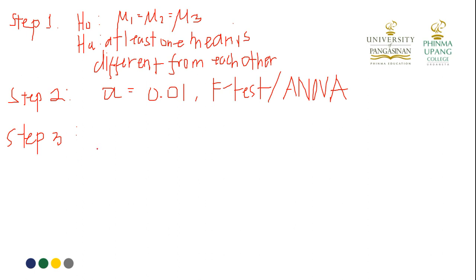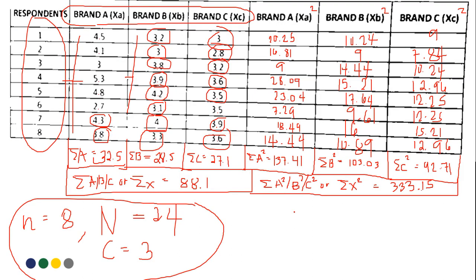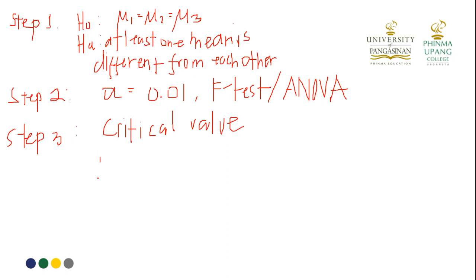Si step number 3 natin, identify na natin yung critical value. So, how are we going to find the value of the critical? Simple lang. Kunin mo yung binigay ko dito. Your N is equivalent to 24. Your C is equivalent to 3. So, yun lang yung tatandaan mo dyan.